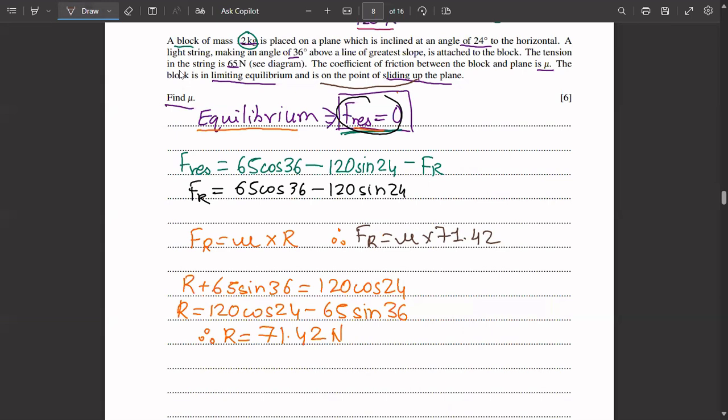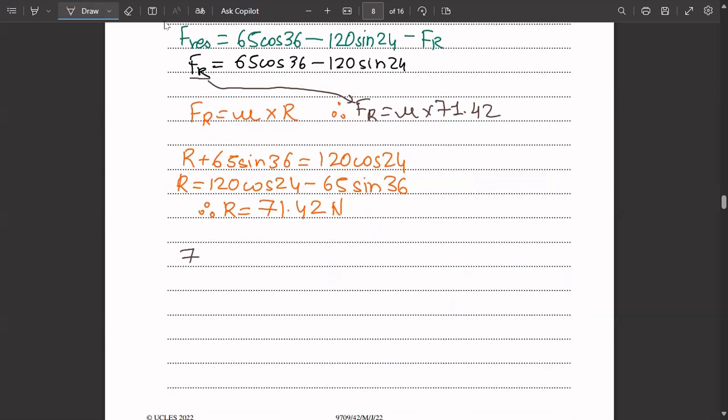So we'll put the value of FR here. So 71.42 mu is equal to 65 cos 36 minus 120 sin 24. So this 71.42 will go down here, upon 71.42.